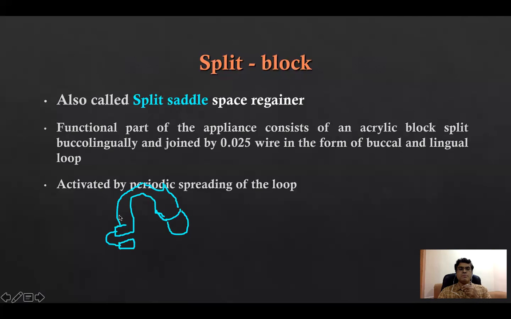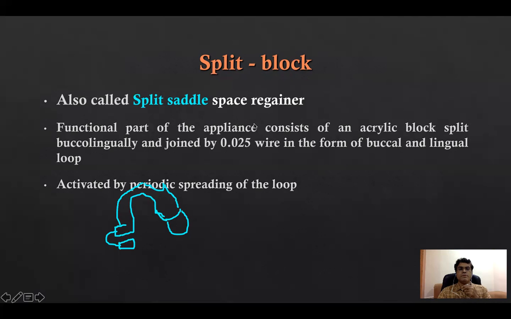Split block: you can see the block there. There will be a U loop attached to the block which is split, and by activating this U loop, space will be regained.